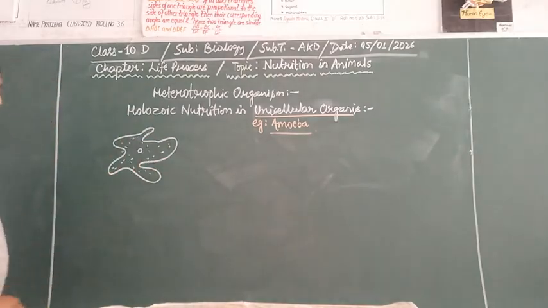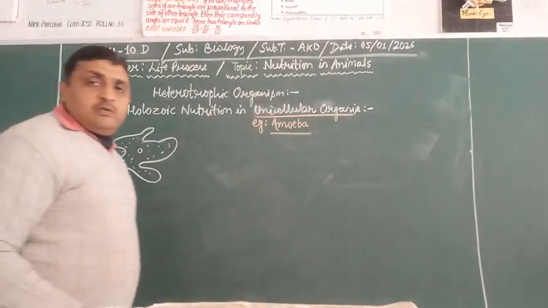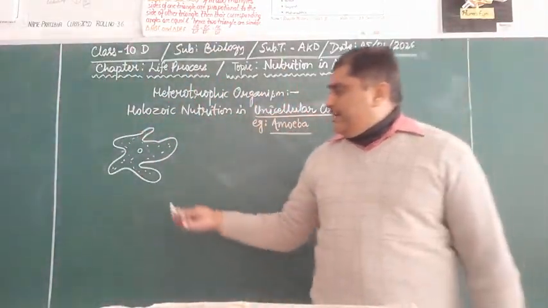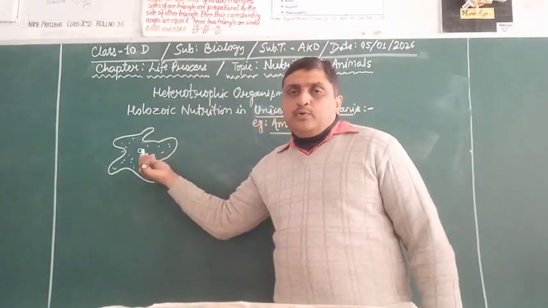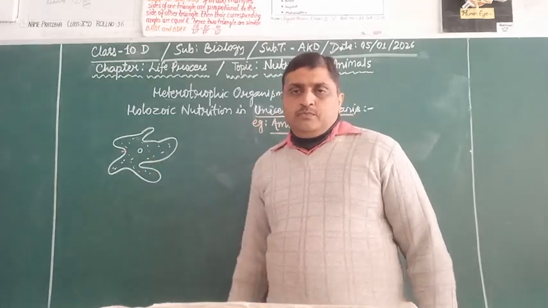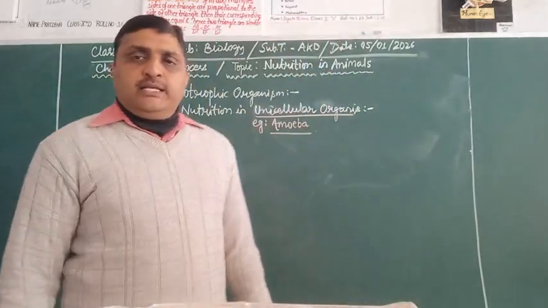This one is the amoeba. There is no definite shape. They change their shape due to the protoplasmic movement. The protoplasm is present, and due to its movement, the body shape changes. That's why there is no definite shape.